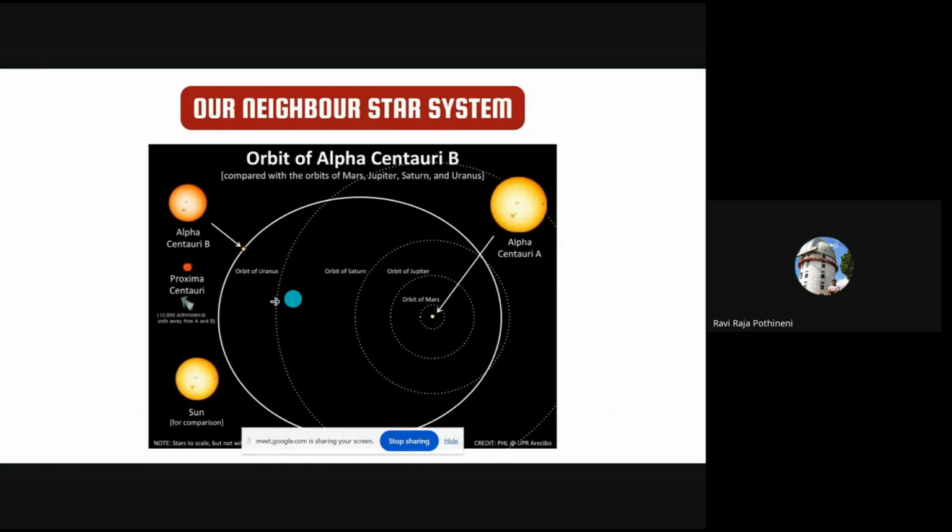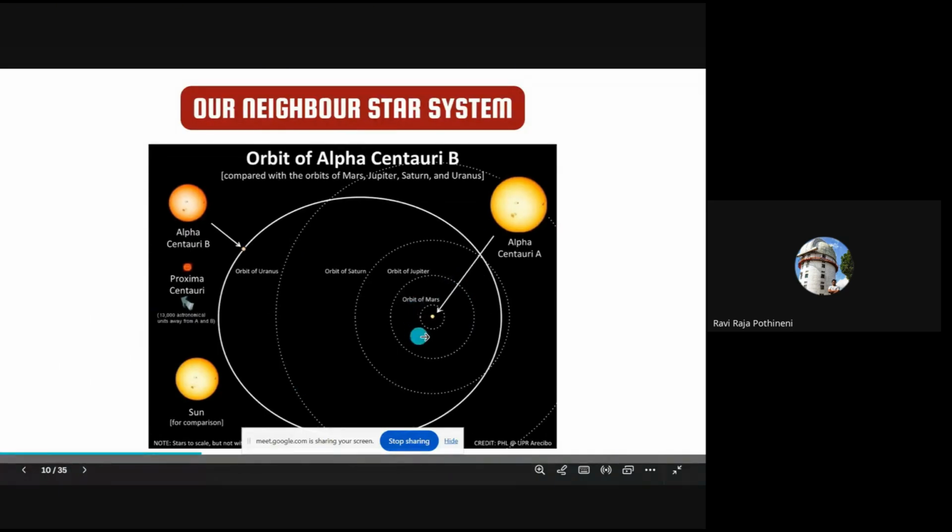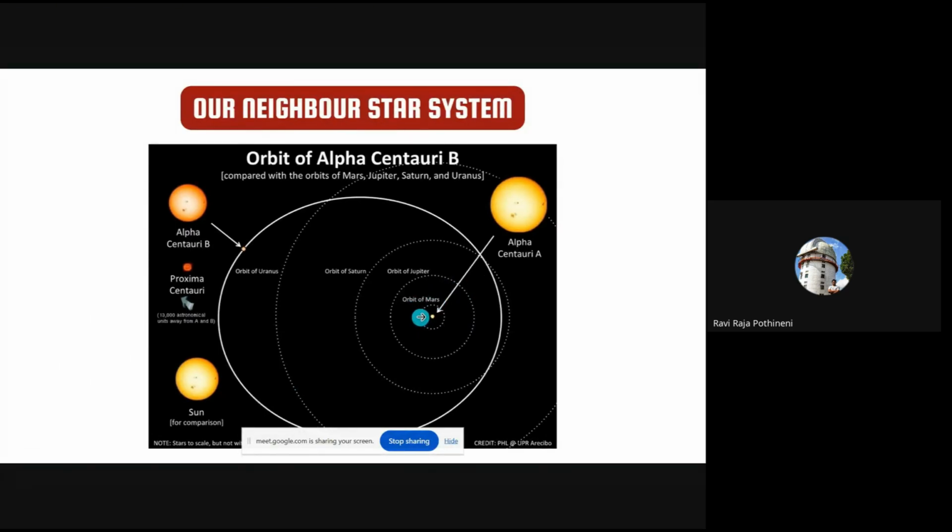If you look at this, this is the orbit of Alpha Centauri B around Alpha Centauri A. So here you can see, this is Alpha Centauri A, and here is our Alpha Centauri B. Just for comparison, you can see how far Alpha Centauri B is from Alpha Centauri A, and Proxima Centauri is even farther. It is almost 13 astronomical units away from A and B. Whereas Alpha Centauri B is around or just beyond the orbit of Uranus, and here you can see for comparison.